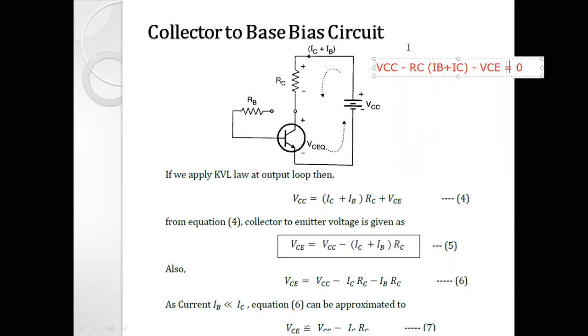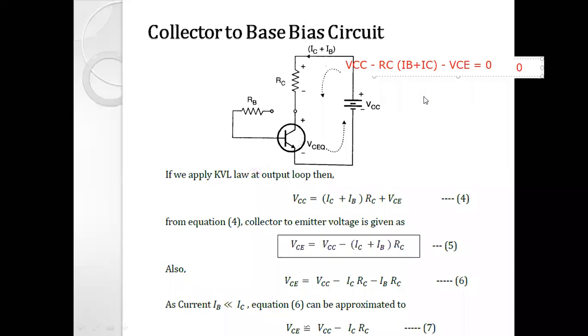From this equation we can easily write this one, right? By sending the second and the third term to the right hand side, we get equation number 4, which is VCC is equal to (IC plus IB) into RC plus VCE.